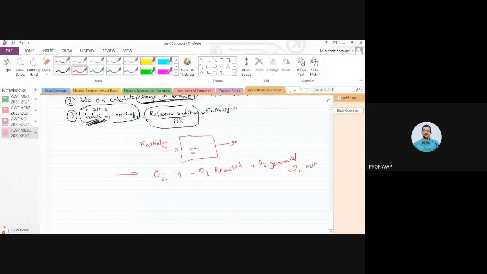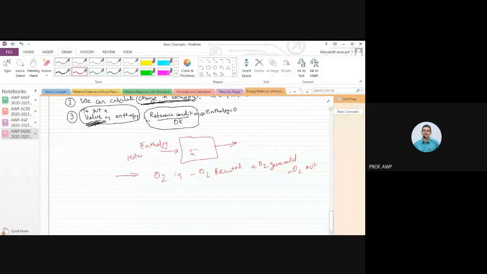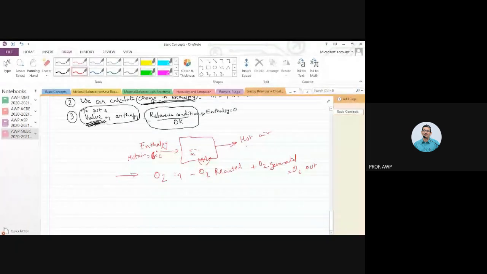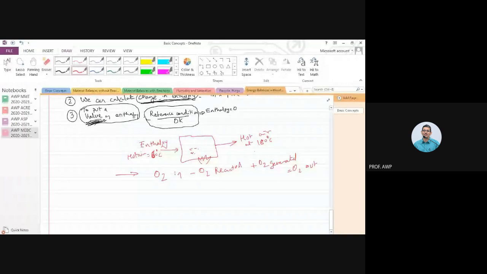Now, suppose I want to talk about energy or enthalpy. Suppose hot air comes in at 60 degrees centigrade, and I want to heat that air and get hot air at 180 degrees centigrade.